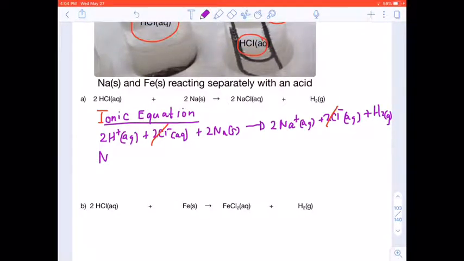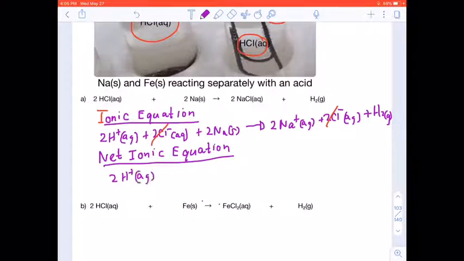It would be 2H plus aqueous plus 2Na, the solid, which gives us 2Na plus aqueous plus hydrogen gas. Right, there you have it.